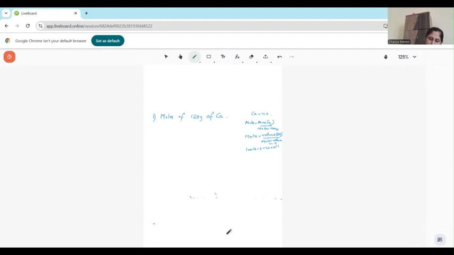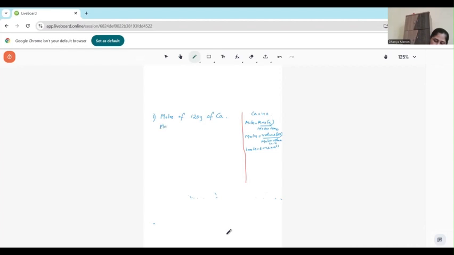Now, these are the formulas. In this case, moles of 120 grams of calcium. Do you have a formula in your hand? Mass in grams is given to you, right? So how do you find out the moles?